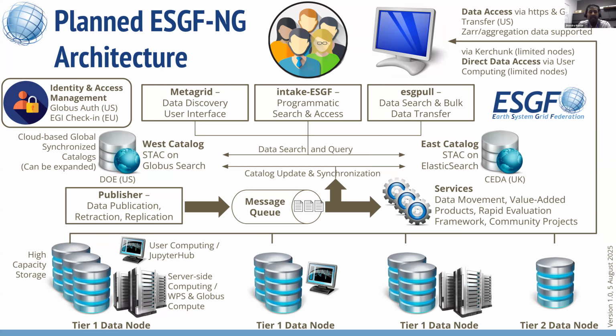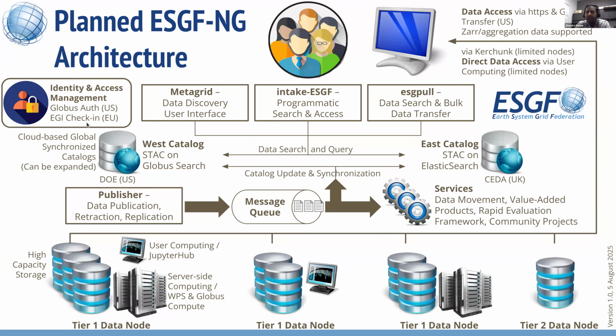Starting from the left is what we think of as a fully featured tier 1 data node, which is providing data storage and distribution capabilities, and in addition, will offer some server-side computing capabilities. And these are some of the new work, and I'll touch upon that later on in my presentation.